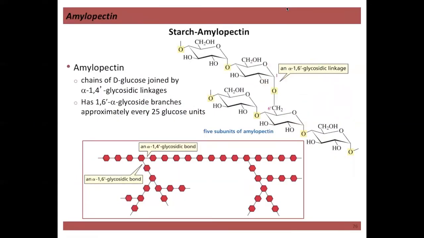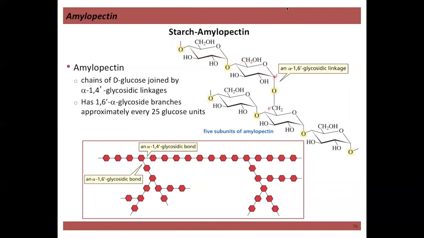Now, there is a related structure to amylose, and that's amylopectin. And this is a sugar that actually has linkages off of it. So if we notice here, here's just a normal amylose that has our alpha 1,4 linkage. But every so often, off of carbon 6, you get a linkage to another amylose chain.